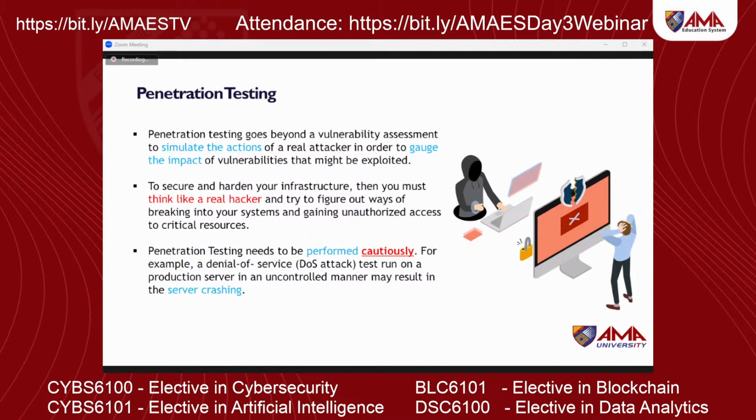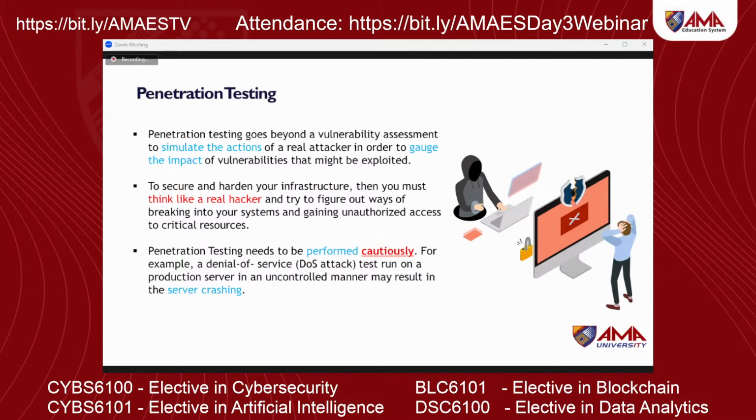So to secure and harden the infrastructure, the company will think like a real hacker. So mag-hire sila ng mga expert teams, okay, and try to figure out ways of breaking into the systems and gaining unauthorized access to critical resources. So ito yung tinatawag na ethical hacking. Okay, so gagayahin nila yung isip ng mga real hackers, ano yung i-attack nila sa company's resources.